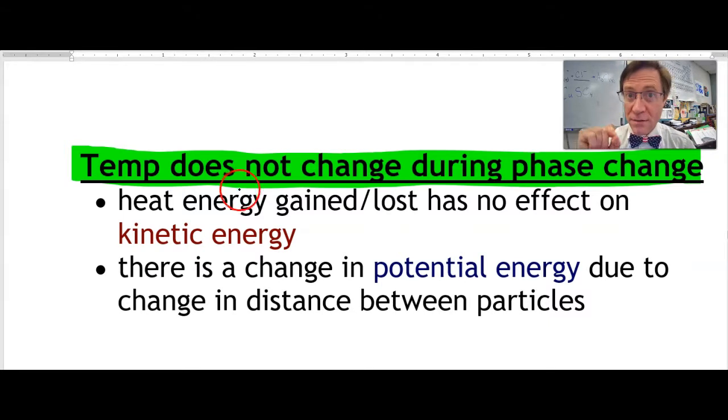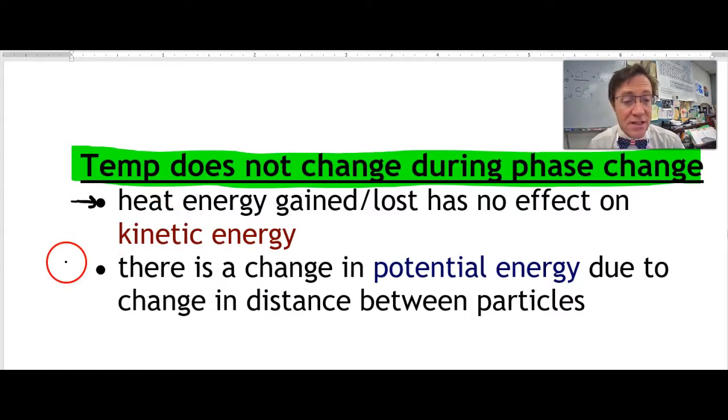Now, this happens only during phase change, right? So what happens is the heat energy that you're adding, or in case you're cooling, that you're taking away, has no effect on the kinetic energy. In other words, the heat that you're adding, if you're heating something up, is not making the particles move any faster at all.